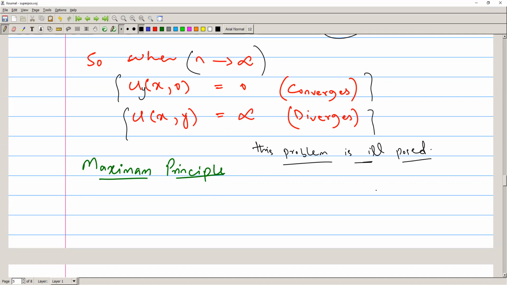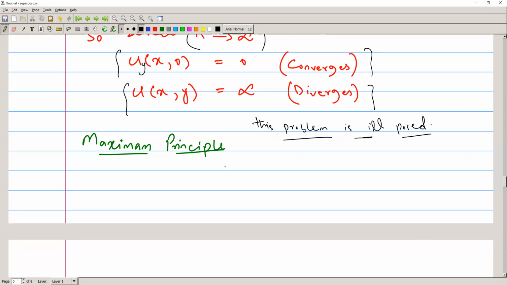So it cannot occur in the interior, right? Now we'll solve some examples of how to find the maximum and minimum for the equations. Let's take a question for the maximum principle.